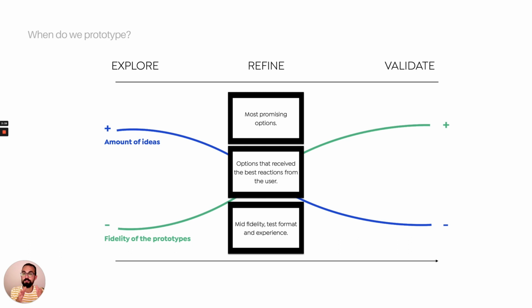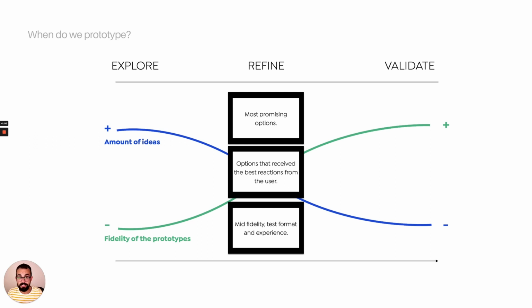Then, if we go to this middle kind of refined stage, the quality of the prototype is getting a little bit better, right? And we're really honing in on the specific ideas. And we're really focusing on the most promising options. We're not considering everything at this point. We've prioritized and are only focusing on measuring the options that received the best feedback from the user.